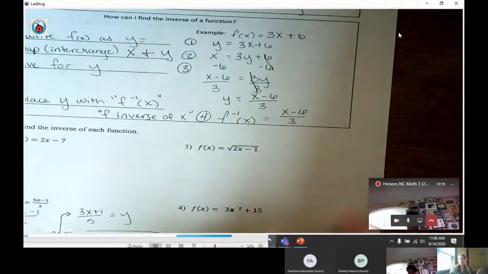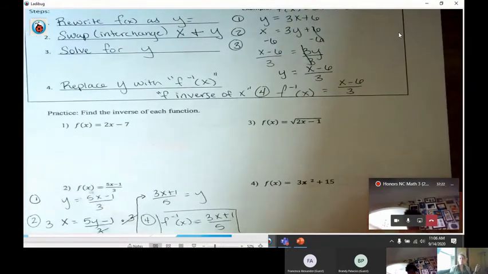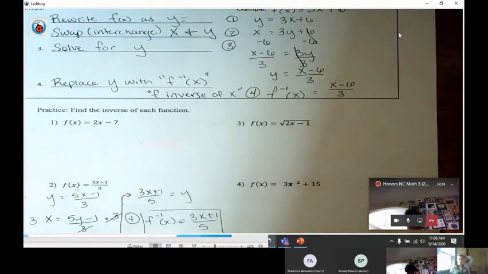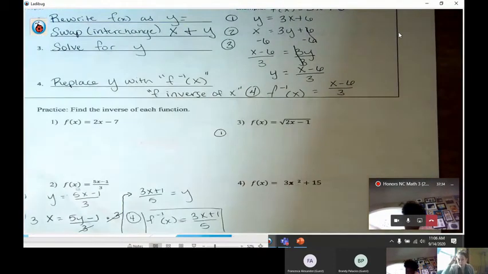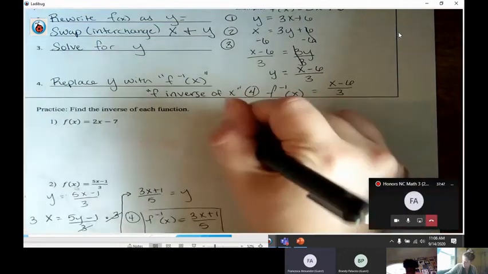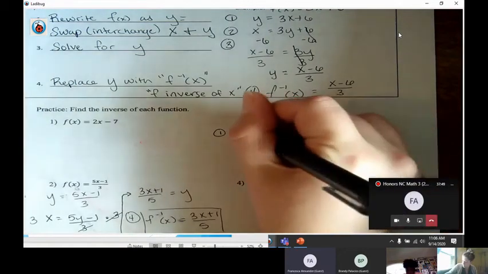All right, so out of 1, 3, and 4, which one looks the most challenging? The square root. Yeah, number 3. All right, so let's do that together. So step 1, we'll start with Francesca. It says rewrite f of x as y. So what am I going to write for step 1? y equals the square root of 2x minus 1.